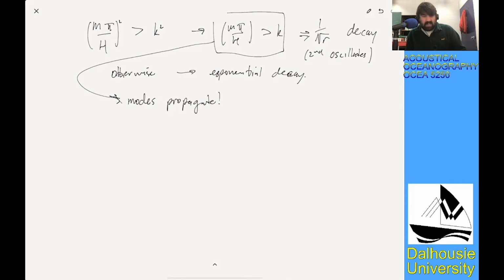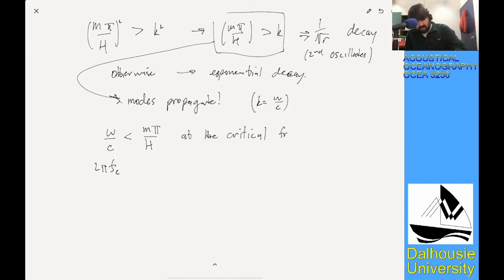And of course, what is in that equation? Well, actually, k, right? Recall, k is omega over c. Can't say that enough times. So if we write this inequality really, we say omega over c is less than m pi over h. And we actually say, okay, what about 2 pi f? So let's say at the critical frequency. And what is the critical frequency? We're going to say it's the frequency at which modes divide the propagating modes and the exponentially decaying modes.